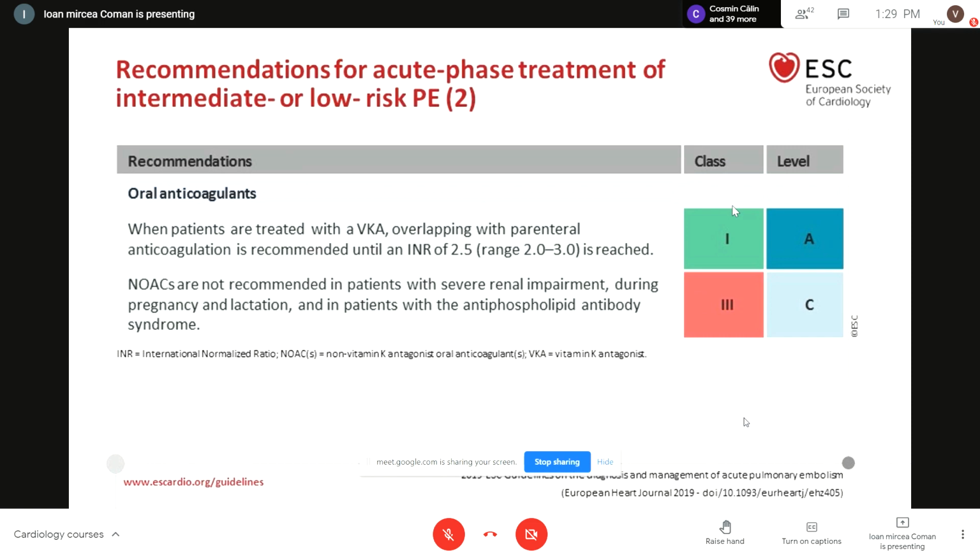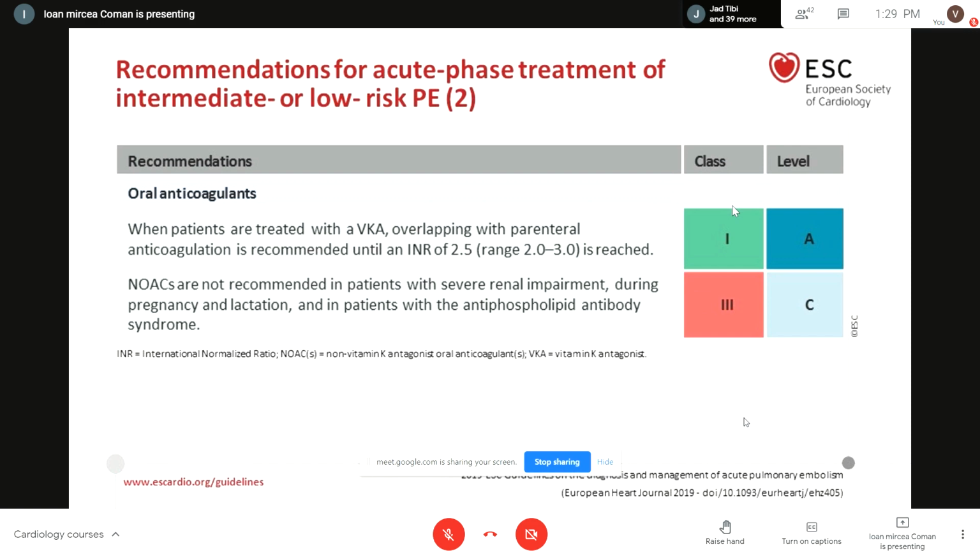About oral anticoagulation, if you have treated the patient for a couple of days with heparins, then you have to overlap if you want to go to classic anticoagulation, in order to have an INR of 2 to 3 when you stop the heparin and continue just with oral anticoagulants, antivitamin K. While the novel anticoagulants should not be used in severe renal impairment, during pregnancy, and in patients where the thromboembolic event was favored or caused by antiphospholipid antibody syndrome.